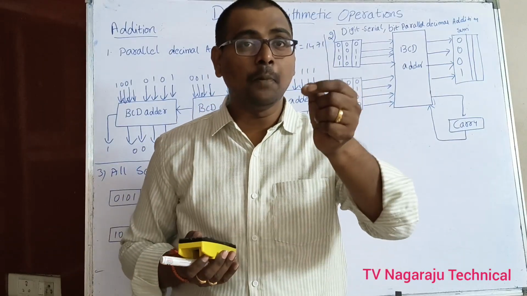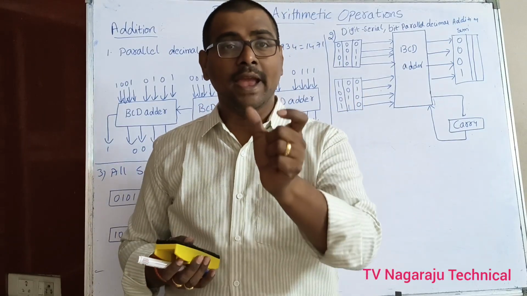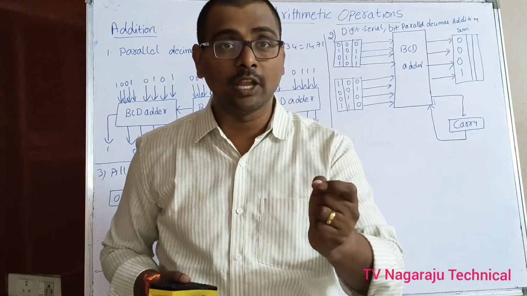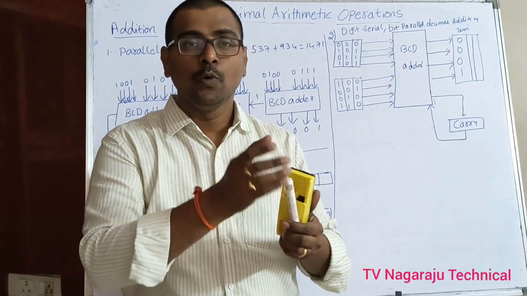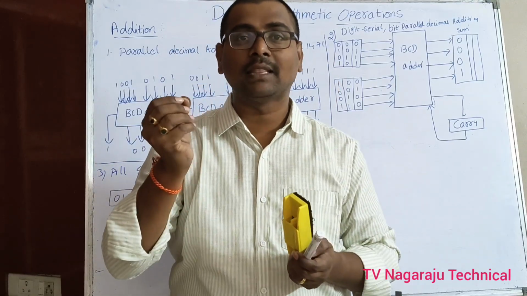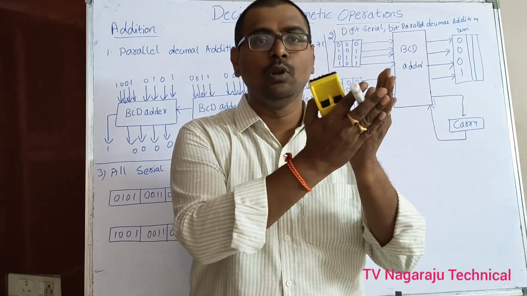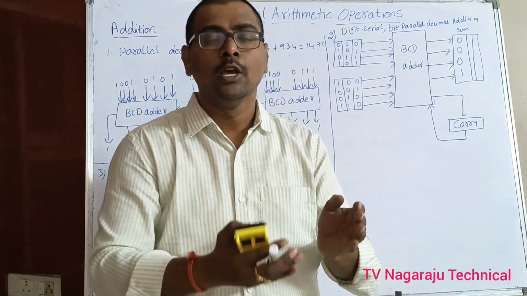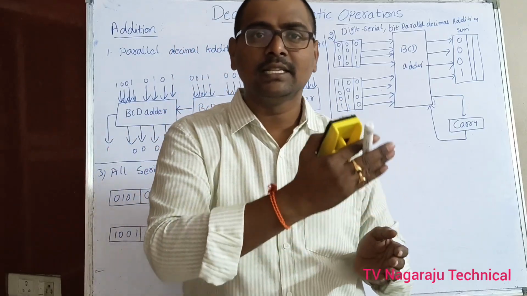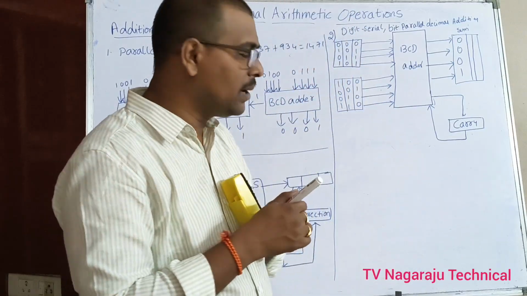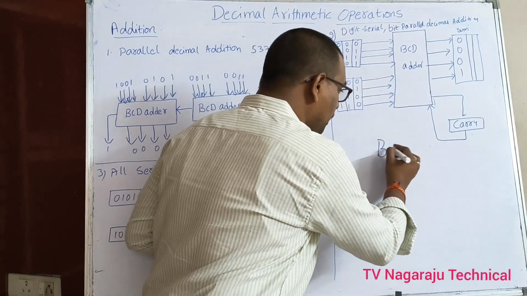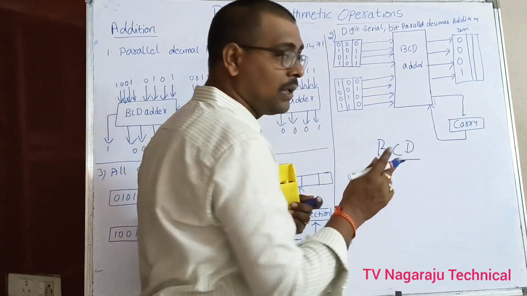After that, floating point arithmetic operations. And then what is a decimal arithmetic unit? Finally, we are moving into the decimal arithmetic operations. We already know the computer is unable to understand the decimal number. So the decimal numbers are represented by the computer in BCD format.